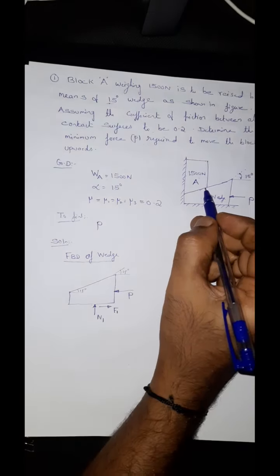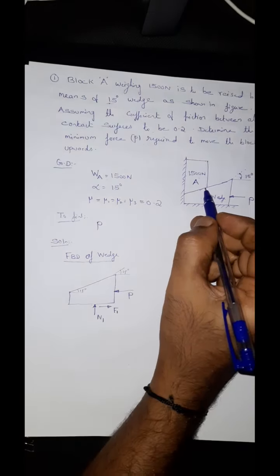Then what about the angle of N2? That is the normal reaction. How to calculate the normal? Let me just draw a triangle for your better understanding. If I extend this, I'm going to redraw the line.